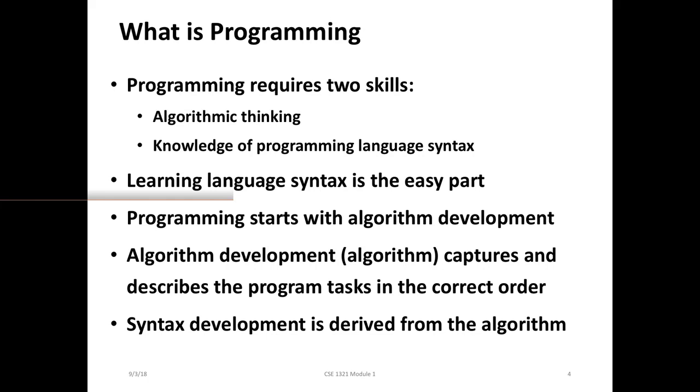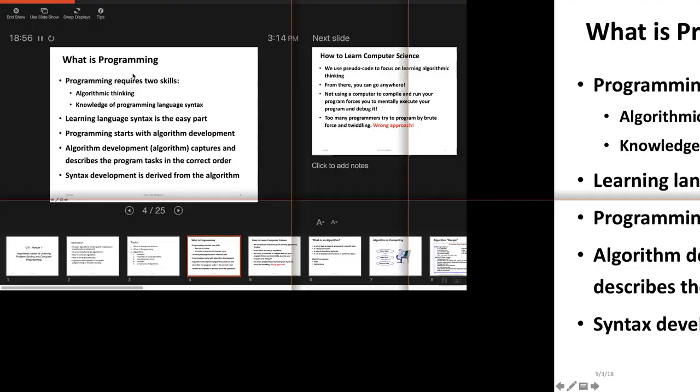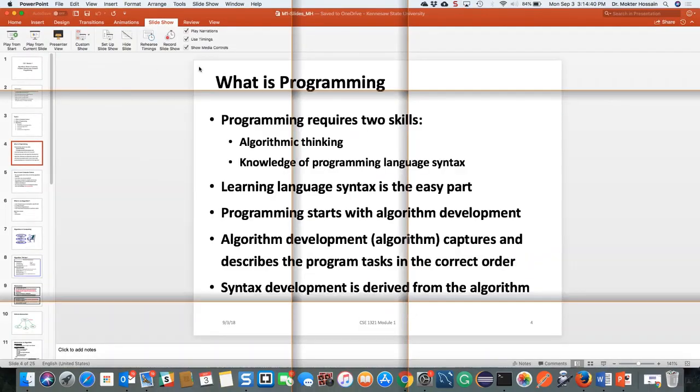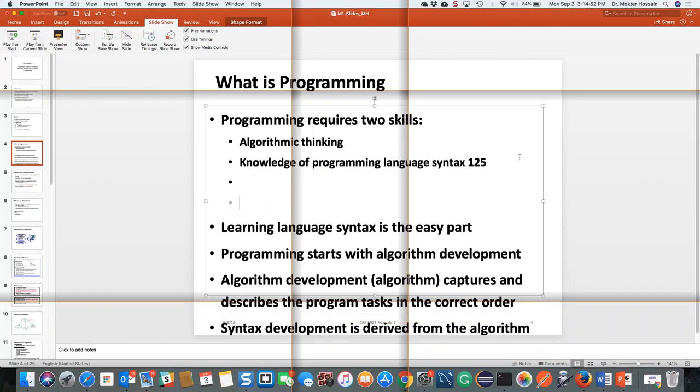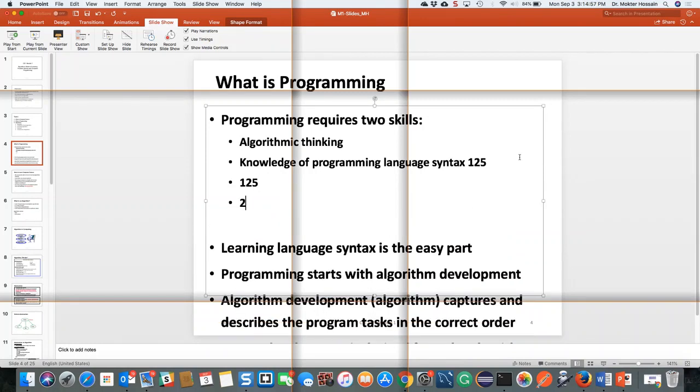Let me explain here. When I said 125 first, then in the second line you did not write 25 over here. You wrote 25 over here, by making right alignment.